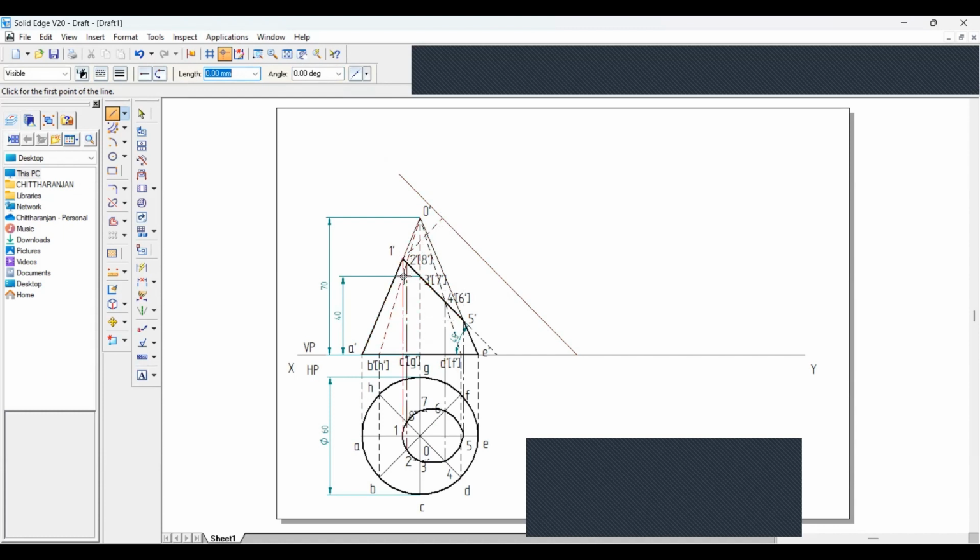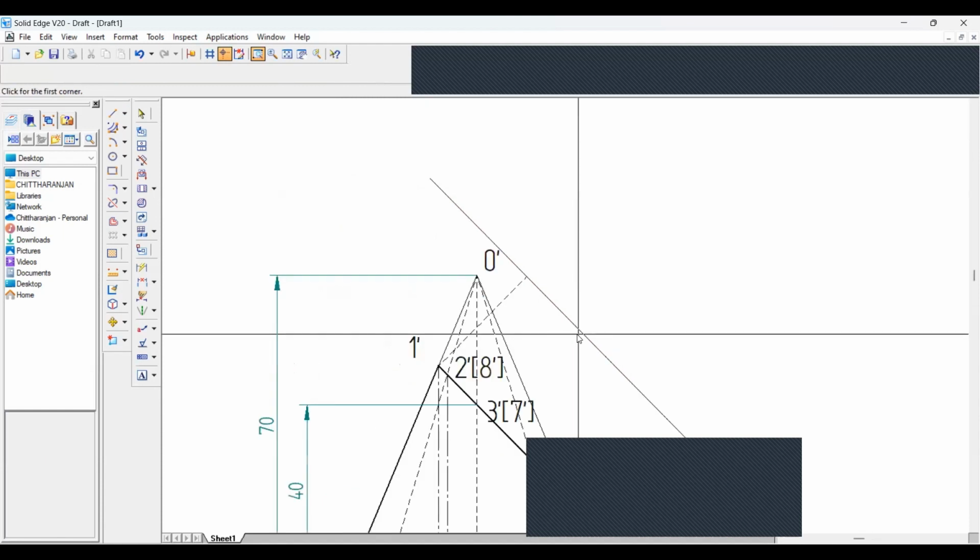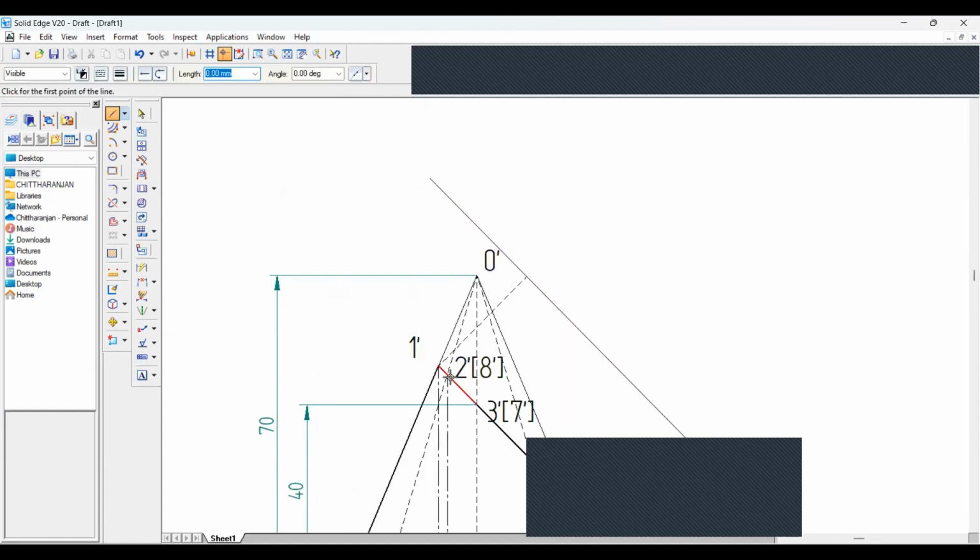And this intersection position, this end point, I will zoom it. Guys, see this line. You have to draw from here at 45 degree.